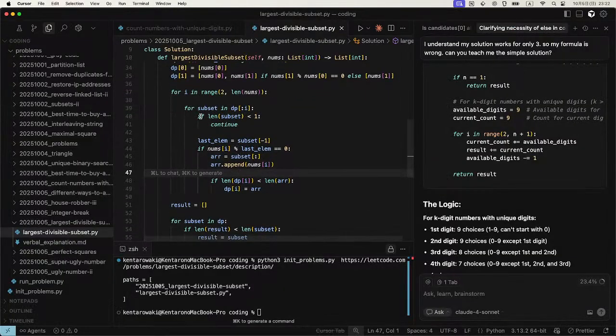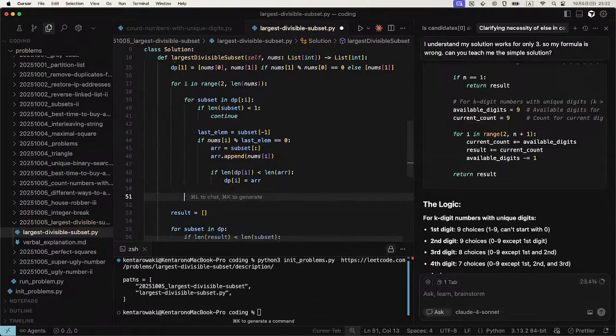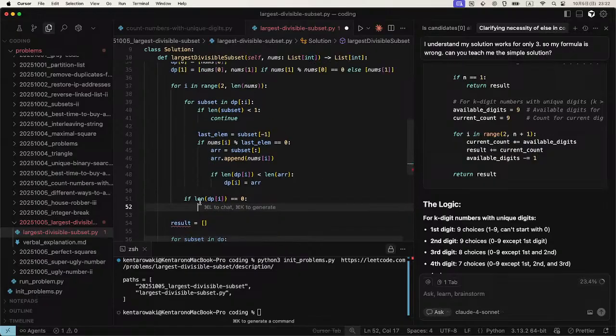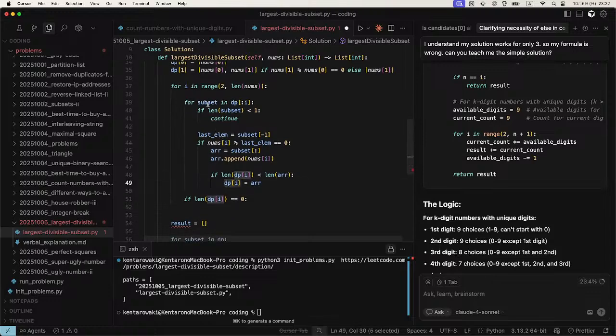If we didn't append the element at all, we should update. Yeah, this means we didn't update the DPI from the existing subset, right?